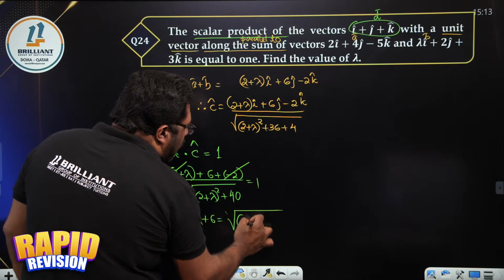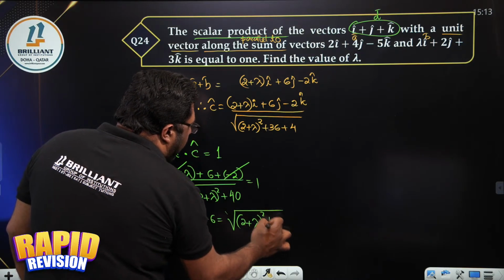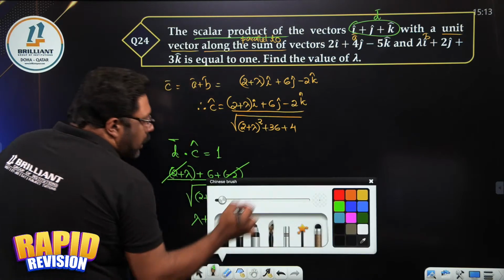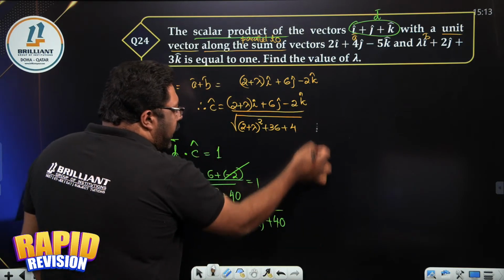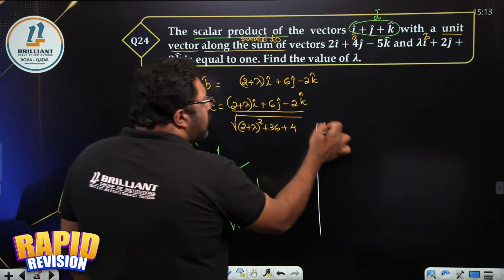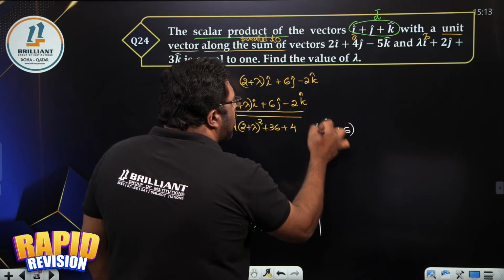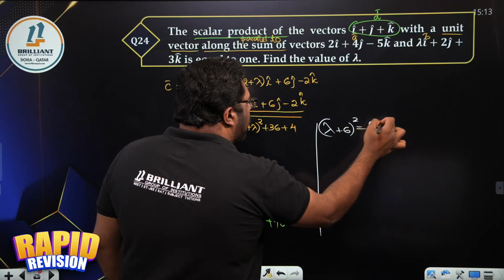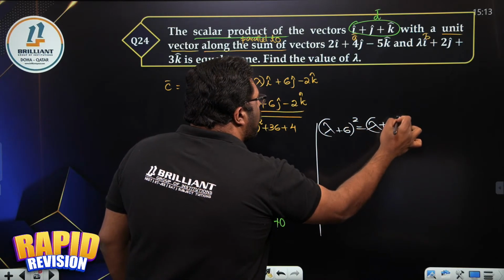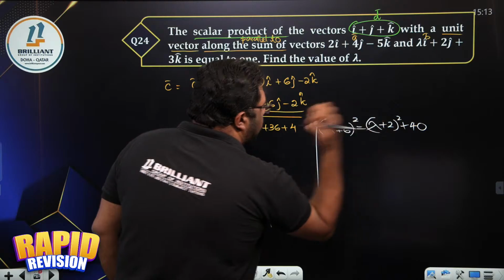Square root of (2 plus lambda) squared plus 40. Now, if you want to simplify and get lambda, square both sides. So (lambda plus 6) squared is equal to (lambda plus 2) squared plus 40.